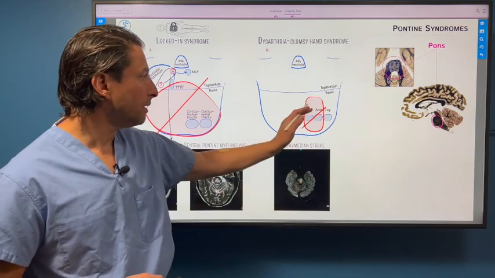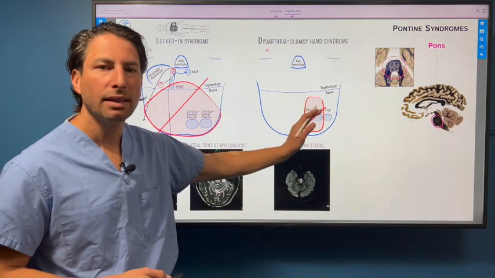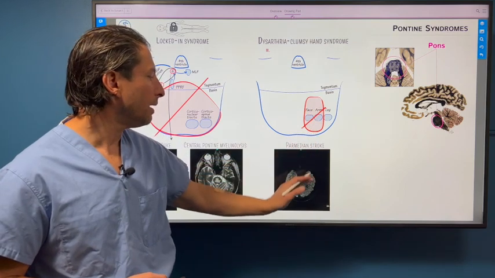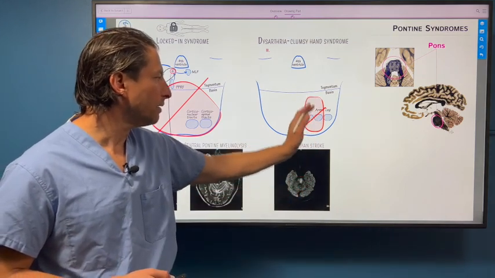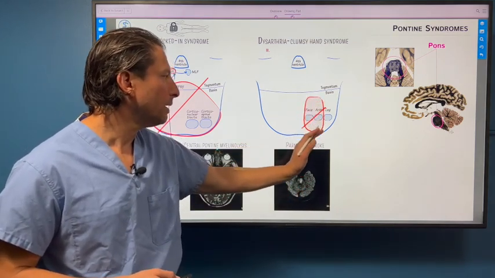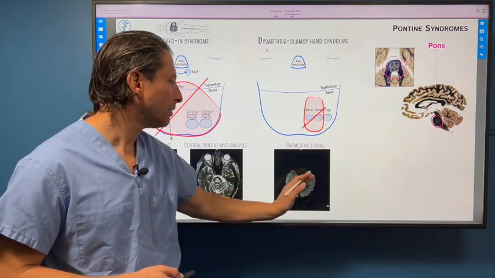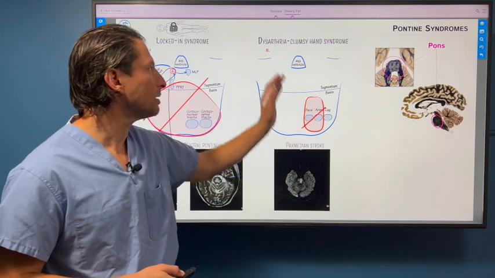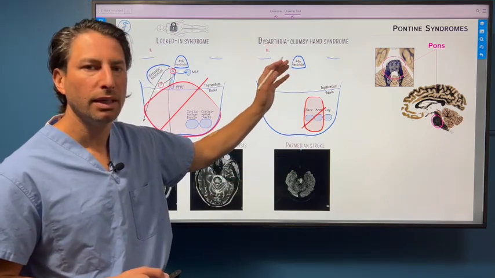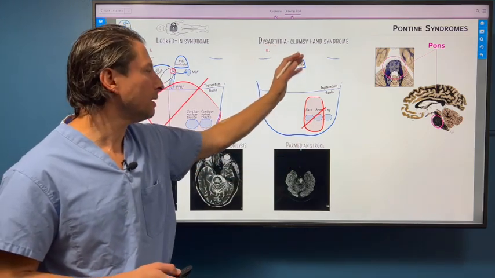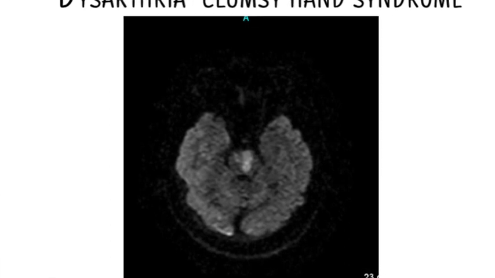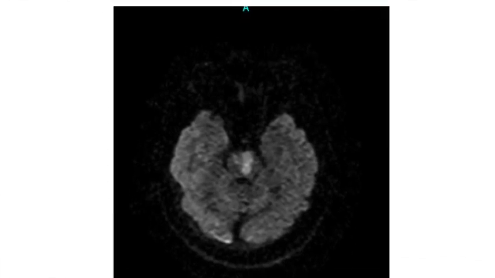So it's anterior, so it's affecting motor fibers, and it's medial, so it's affecting the face and arm. And then the leg fibers are out laterally here, so they're not affected. So it's just dysarthria from difficulty speaking, and then clumsiness from affecting the hand, dysarthria clumsy hand syndrome.